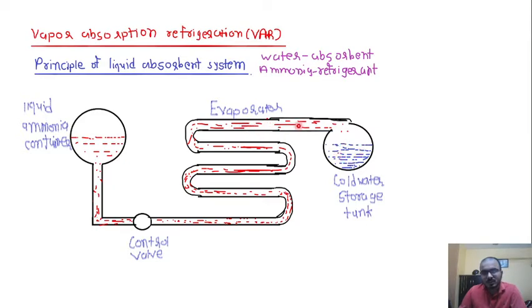So this ammonia vapor will be sucked by this cold water. It virtually sucks all the ammonia vapor inside it. So this is the replacement of compressor in this system. Here water is taken as absorbent and ammonia is taken as refrigerant in this case.